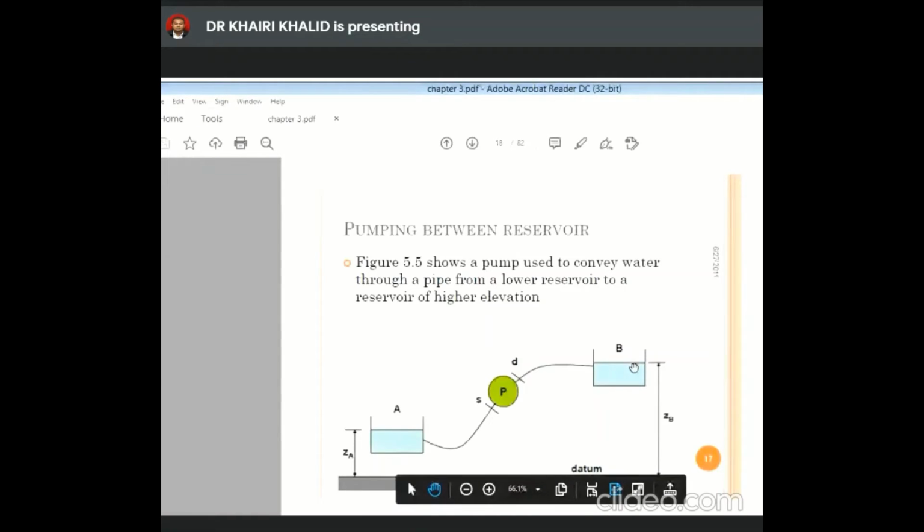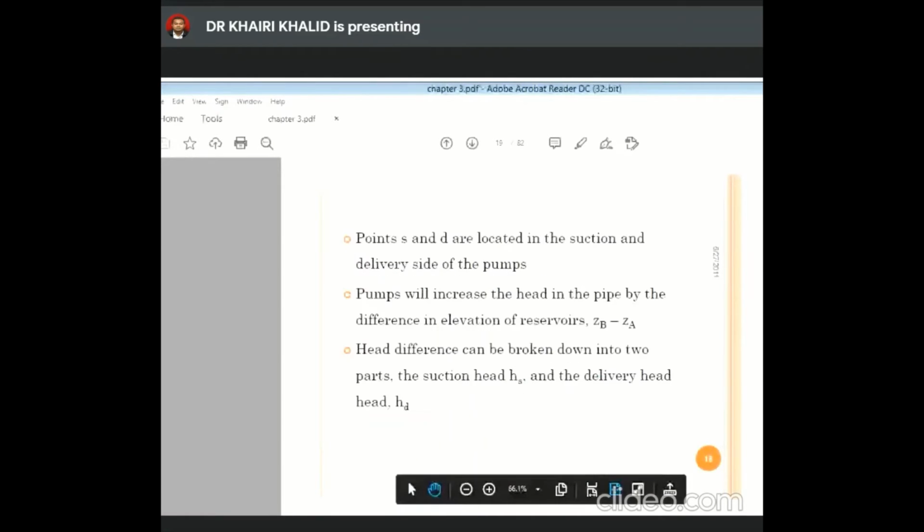Pressure at point A and pressure at point B is atmospheric pressure. So S and D are located in the suction and delivery side of the pump. Pump will increase the head by the difference in terms of elevation, ZB minus ZA.